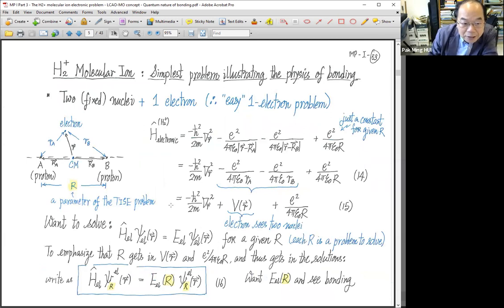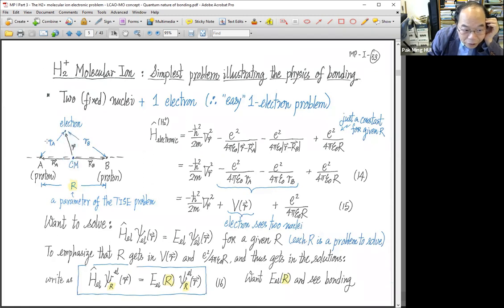The quantum mechanics problem is one electron, easy, with quotation marks, two centers. Now, the origin is in the middle between proton A and proton B. The nice thing is that they are the same particle. They are different protons, but they are the same kind of particle. So I have two centers, one electron, coordinate R.